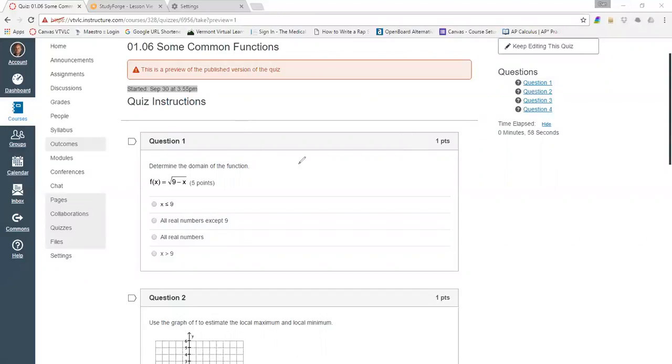So remember, when you're trying to find the domain of a square root function, we can't take the square root of a negative number, but we can take the square root of 0. So I set up what's underneath the radical greater than or equal to 0, and I solved this for x. I subtract 9 from both sides, divide by -1, which reverses the direction of the inequality. So x has to be less than or equal to 9, and of course that's the answer.